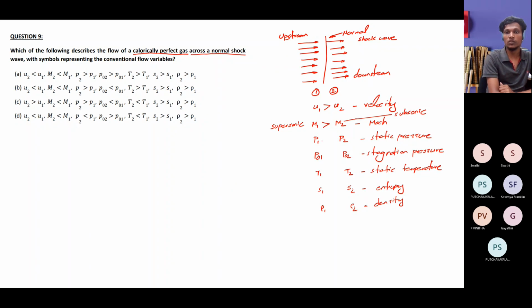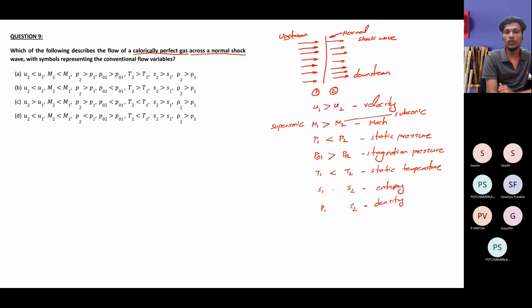And then static pressure. The static pressure always increases after the normal shock wave. At the same time, because of the loss of stagnation pressure, the stagnation pressure in the downstream decreases. And the static temperature always increases after crossing the normal shock wave.